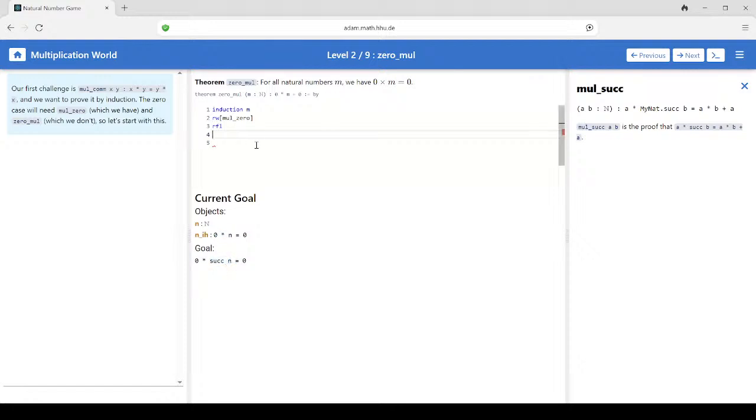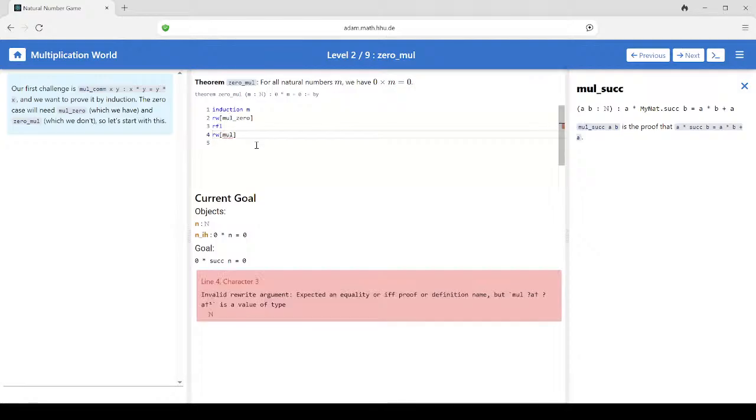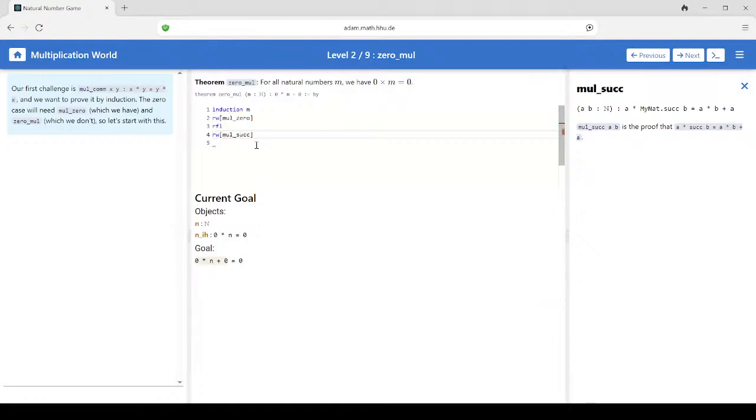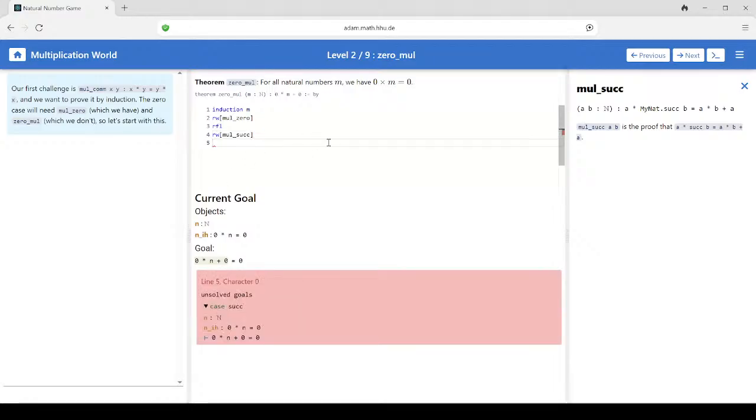We want to use this maneuver. And now we've turned that from 0 times the successor of n into 0 times n plus 0, right? And now I can use that induction hypothesis.